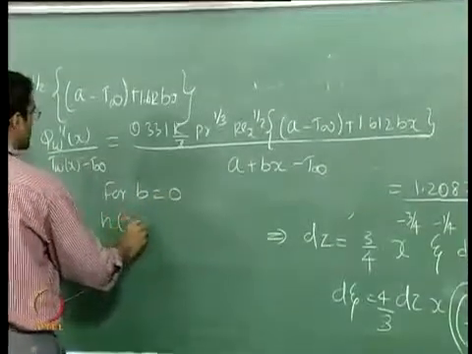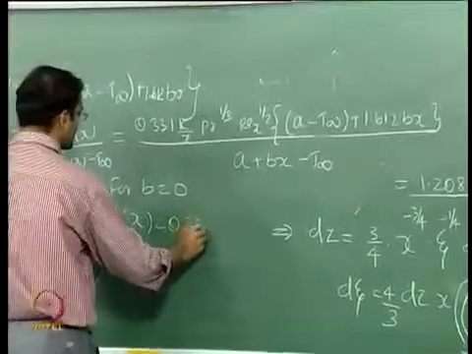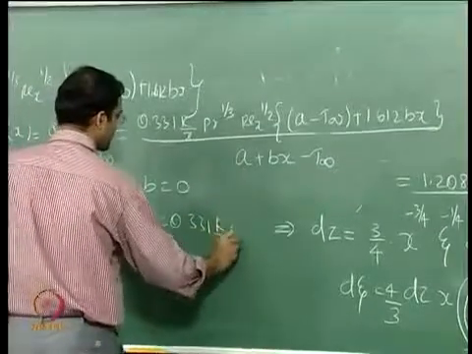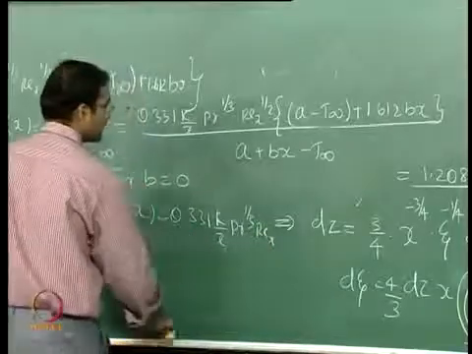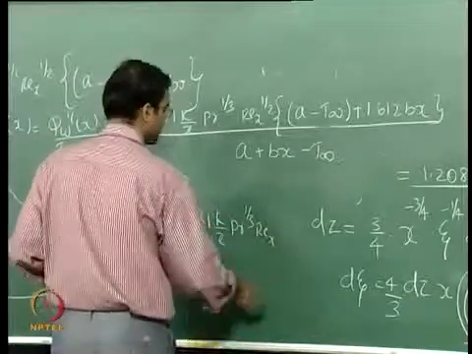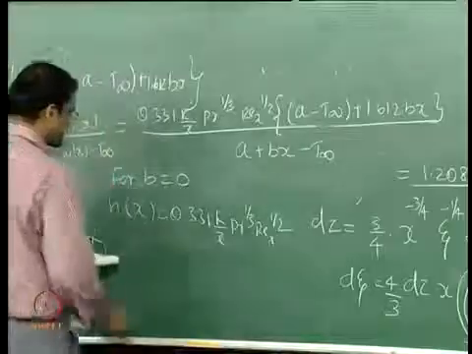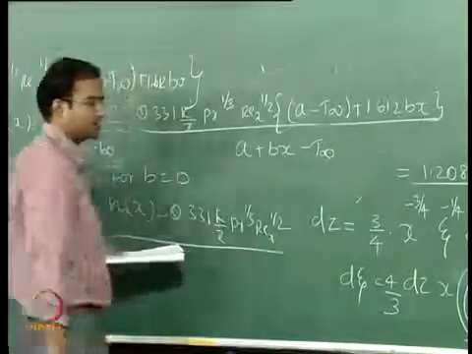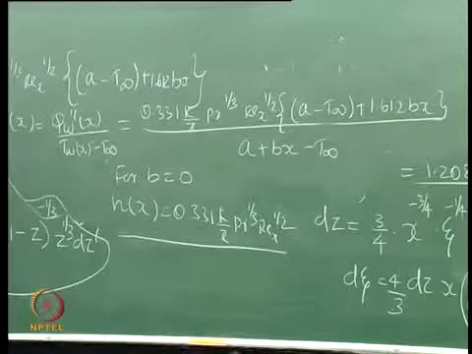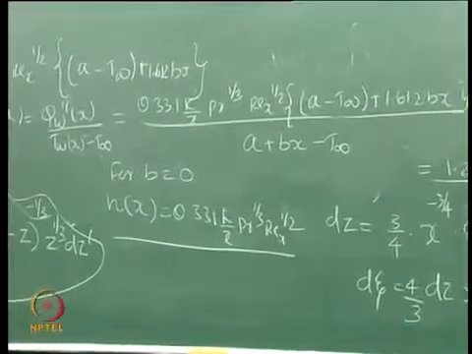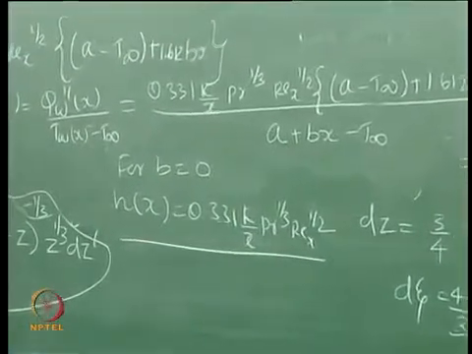So constant wall temperature, that is 0.331 k by x Pr power 1 by 3 Re_x power half. So this is your constant wall temperature boundary condition. So for the limiting case where B equal to 0 you retrieve your constant wall temperature heat transfer coefficient.